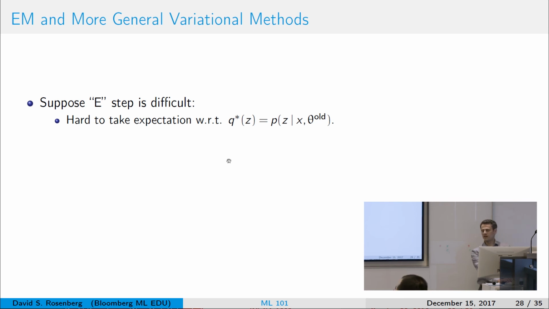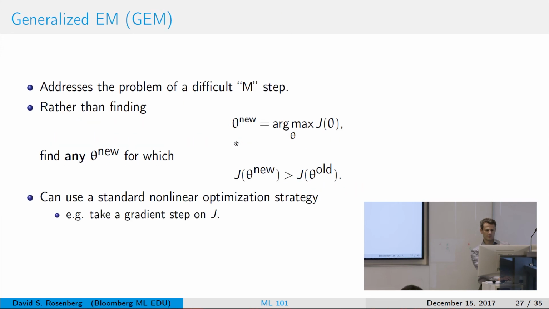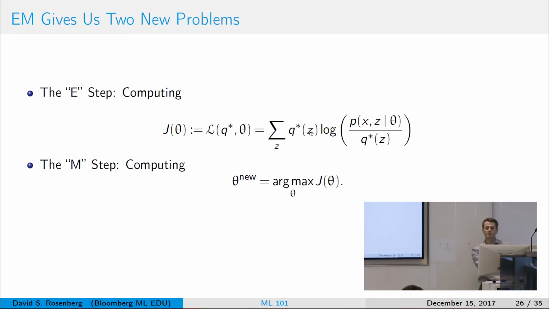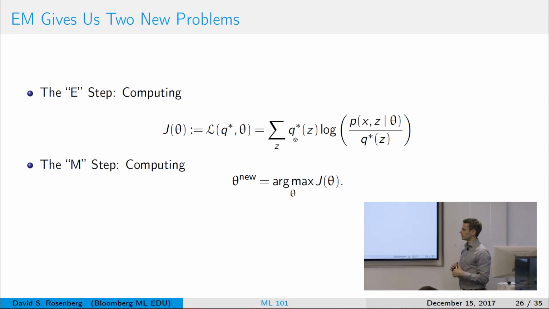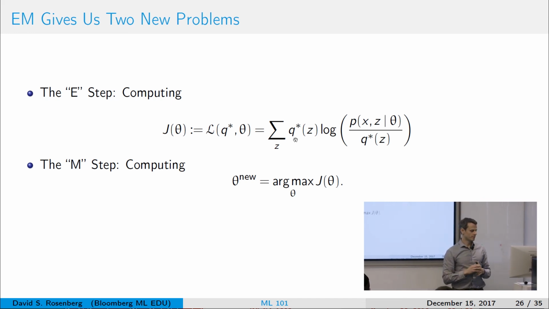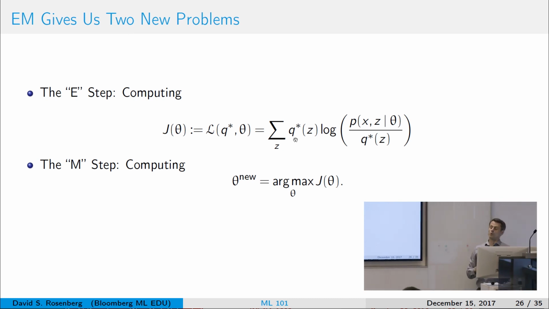Now, the E step can also be difficult. How can that be difficult? Well, when we take the optimal Q, the Q star, the next thing is to compute this expectation with respect to Q star of this log ratio. This expectation may not be easy to compute. It's easy for Gaussian mixture models, but in general, it may not be. So what can we do?